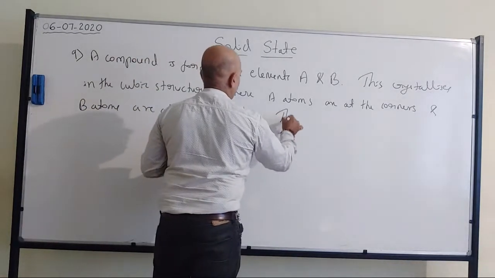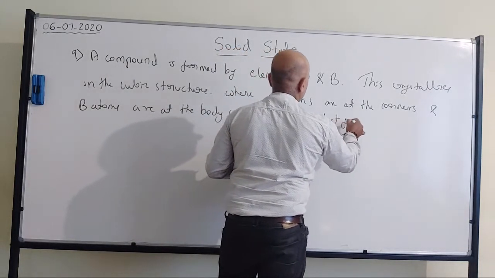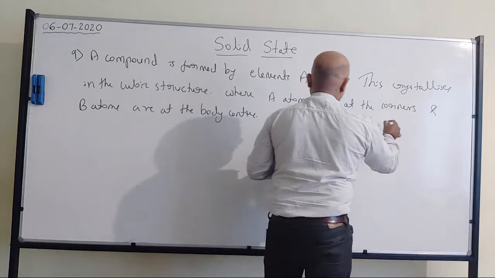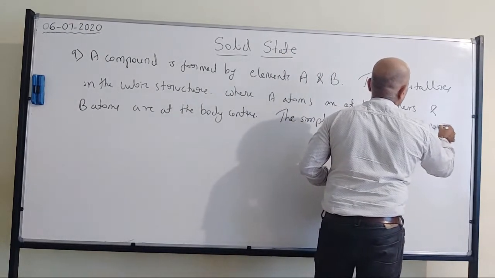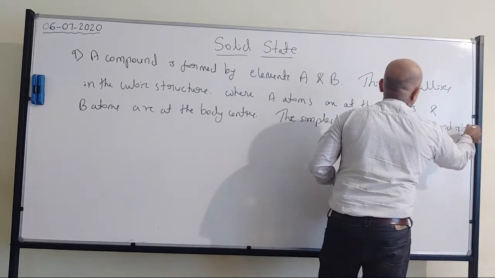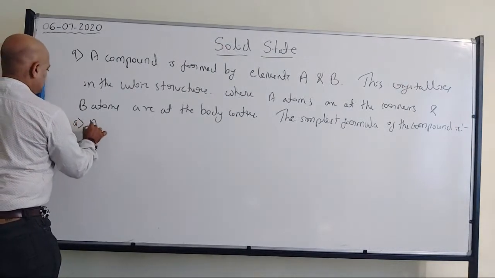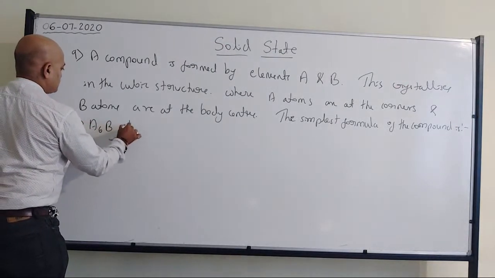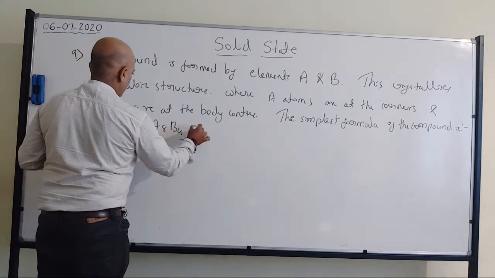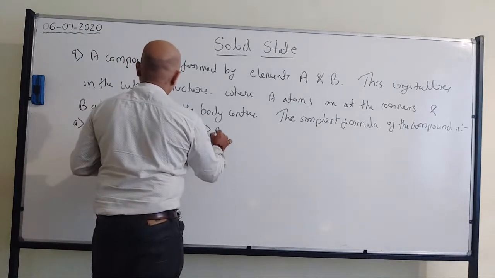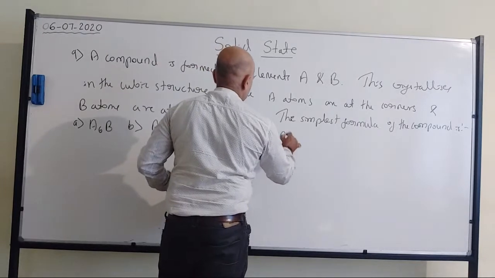The simplest formula of the compound is: option A, A6B; option B, A8B4; option C, AB6; and option D, AB.